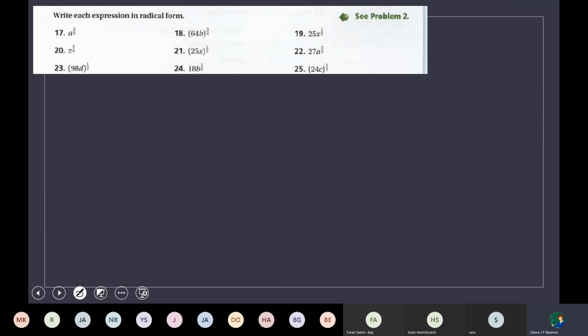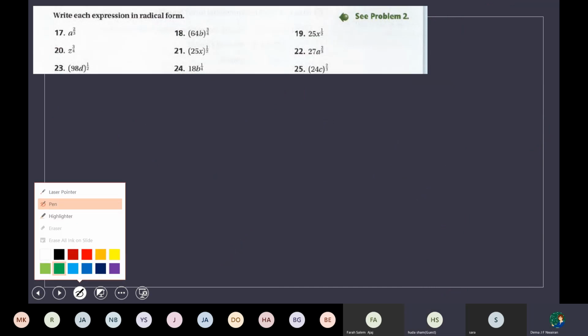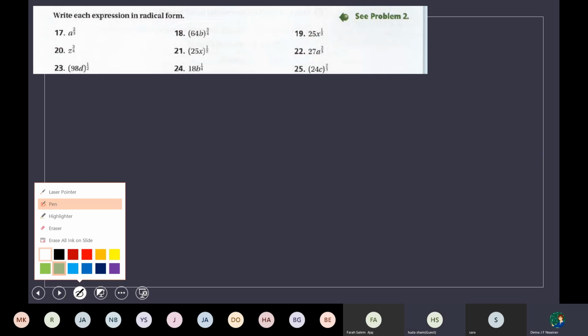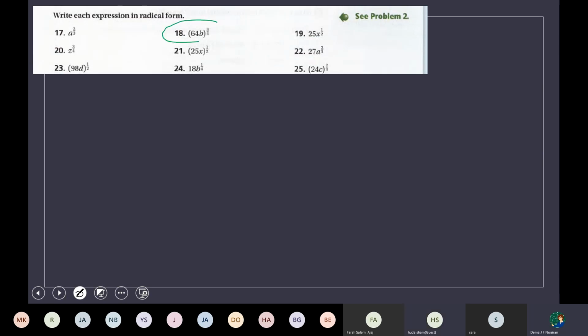Now let's choose a number. I give you choices: 18, 25, 21 or 23. 23, okay.